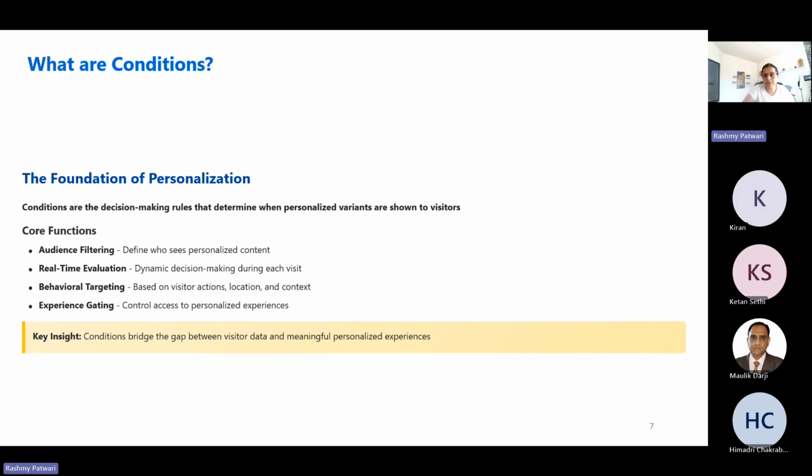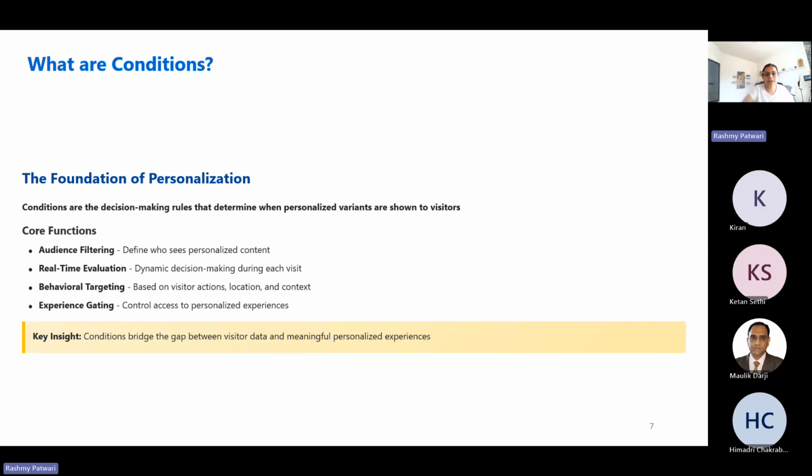To filter that, we can use conditions. We can also use conditions for real-time decision making, as part of decision models, and based on certain visitor actions. All of these are offered as part of the embedded personalization for XM Cloud.